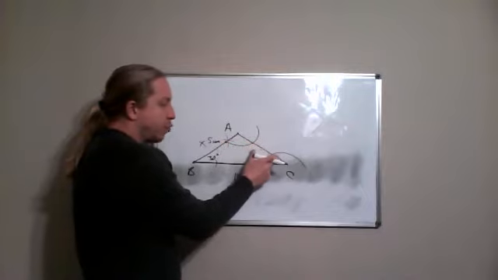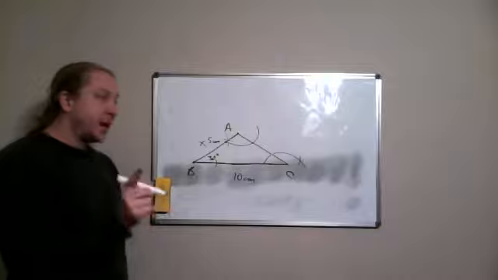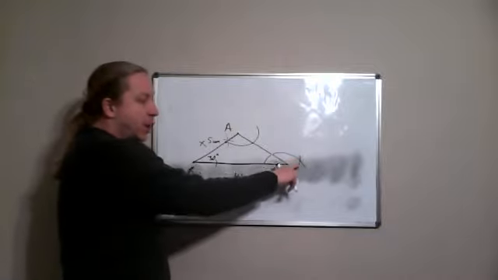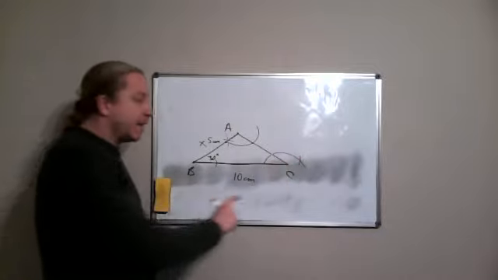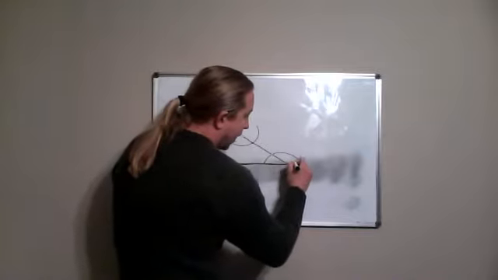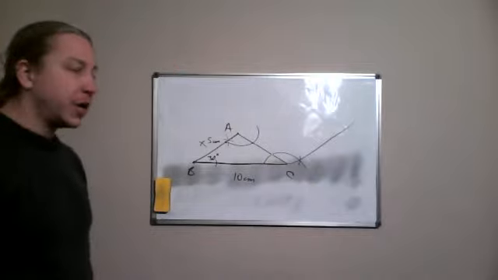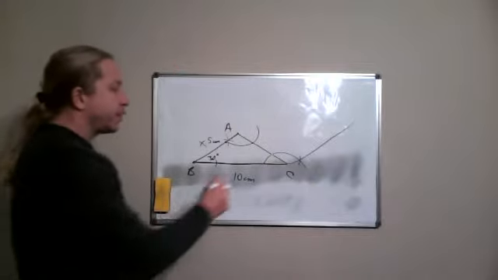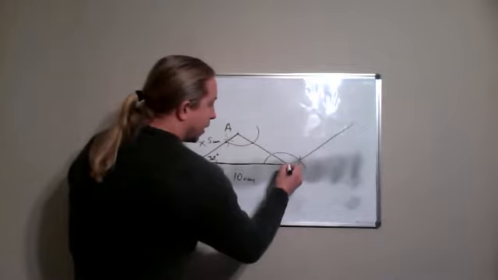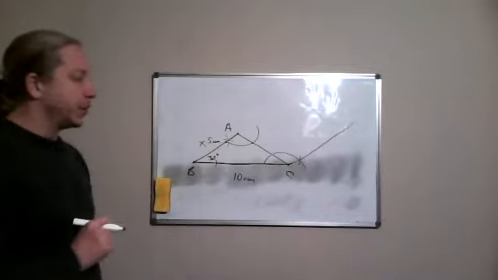I go to that point and measure that much with my compass, and I make another arc over there. The intersection of these two arcs gives me a line that I can draw like that. So I draw a construction line going from point C upwards. Great.